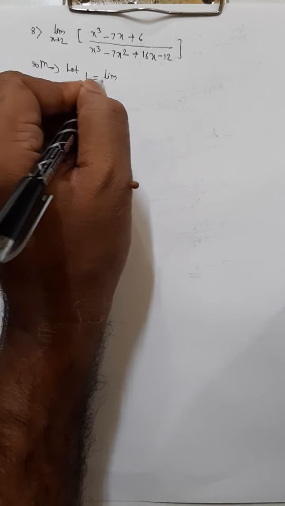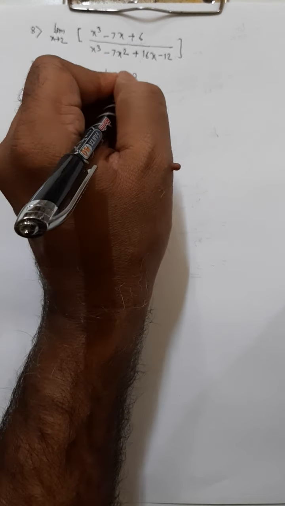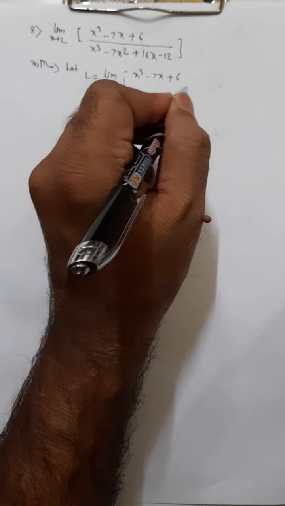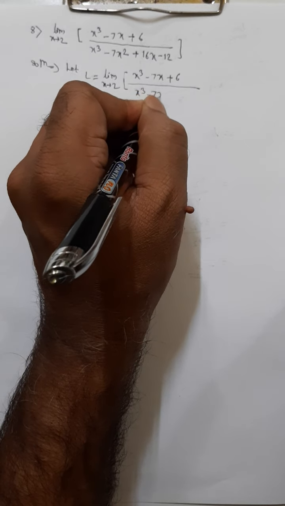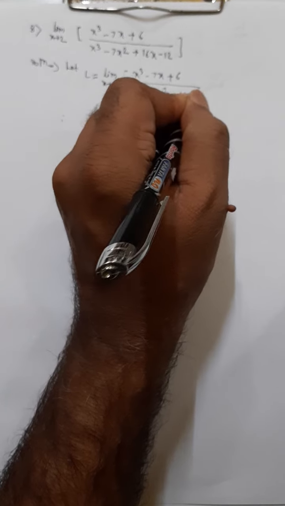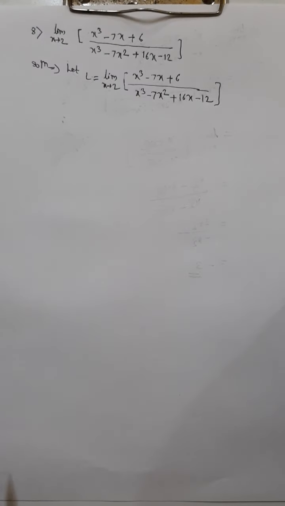L equal to, suppose the given problem, limit as x tends to 2 in bracket x cube minus 7x plus 6 divided by x cube minus 7x square plus 16x minus 12. So to factorize both numerator and denominator.